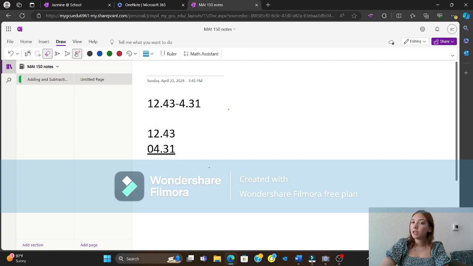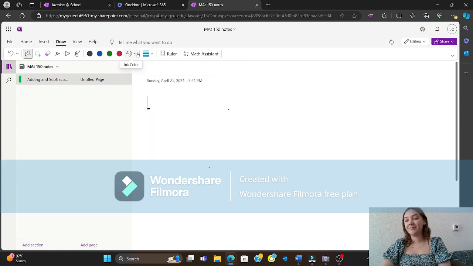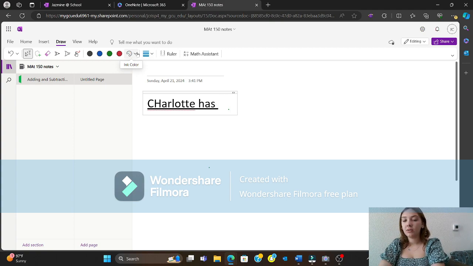So now let's solve it in a real world example. And once again, we're gonna use money because everybody uses money. So for example, we're gonna say Charlotte has $15.12.